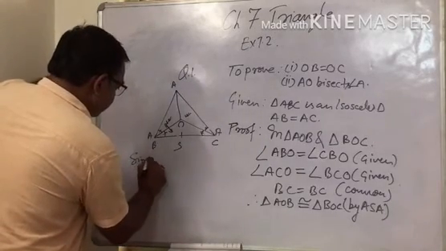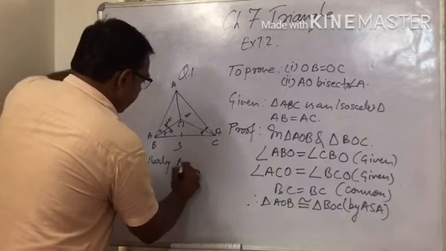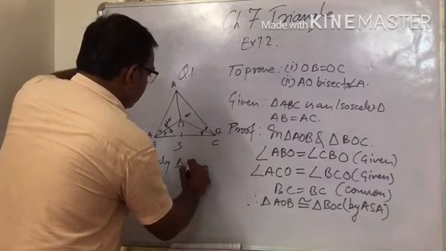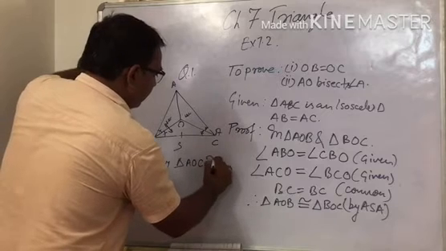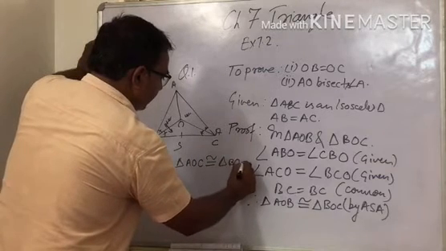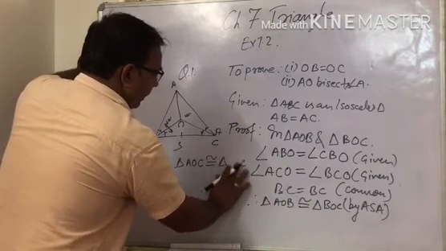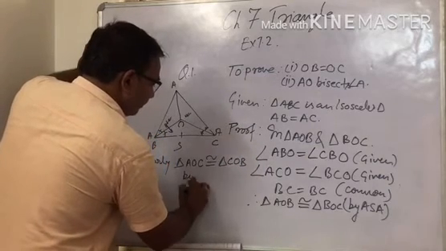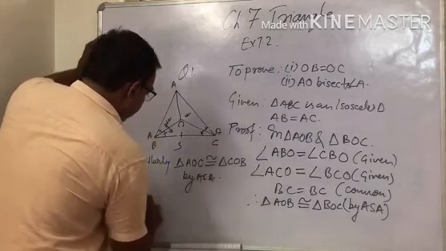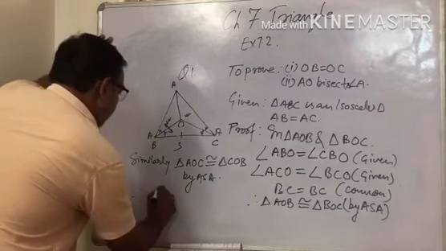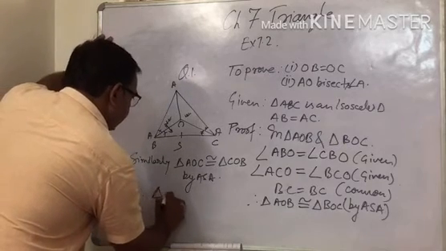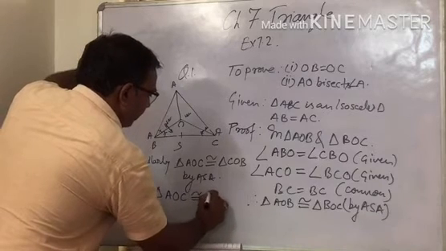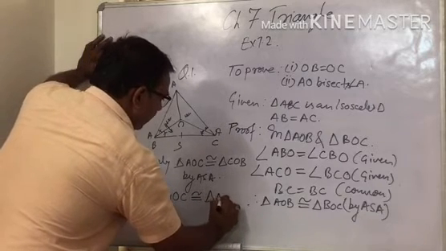Similarly, triangle AOC is congruent to triangle COB by ASA. Therefore triangle AOC is congruent to triangle AOB.